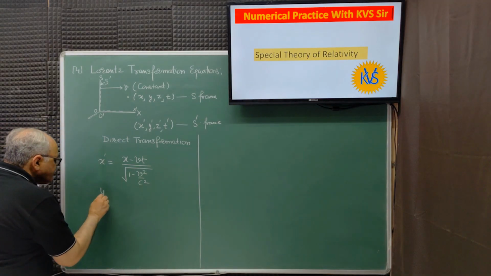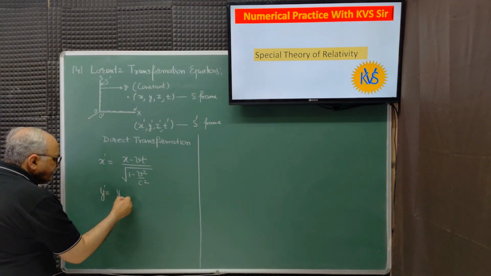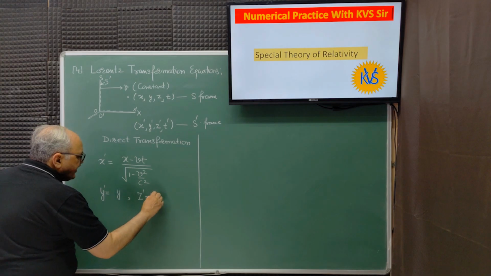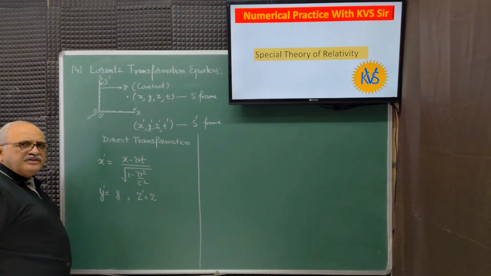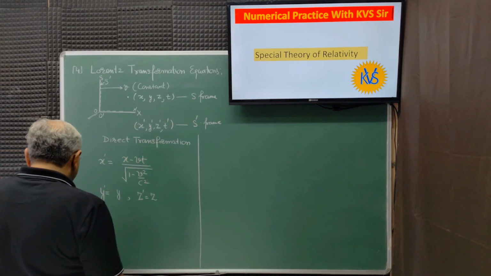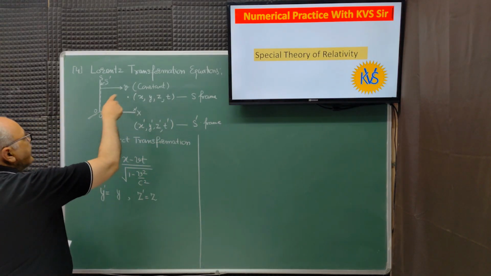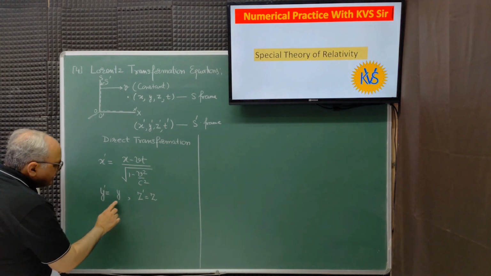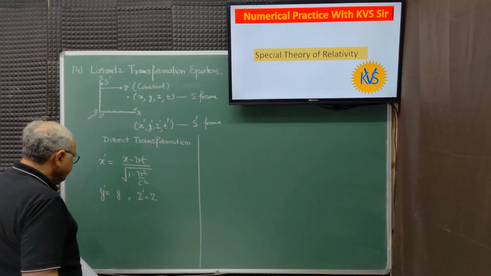Whereas y dash remains y and z dash also remains z. This is obvious because our frame is moving only along the x-axis. There is no movement along the y and z axes, so these coordinates remain as they are.